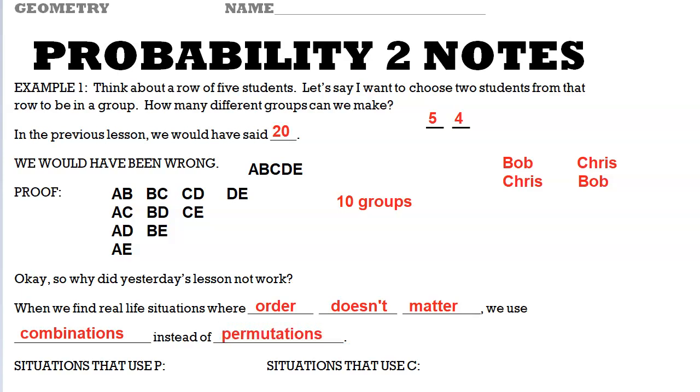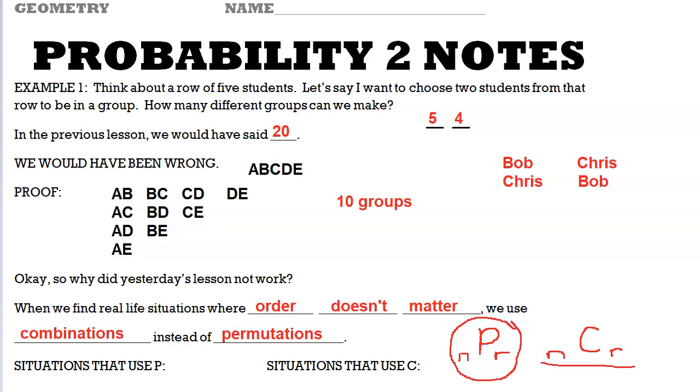Now, some of you have gotten to the point, I don't know if it's out of laziness, you don't want to do the work anymore, and so you're trying to figure out how the calculator will do it. And you may have noticed that your calculator has both an NPR button and an NCR button. The first lesson we learned permutations.